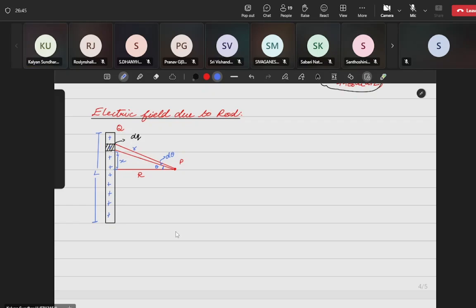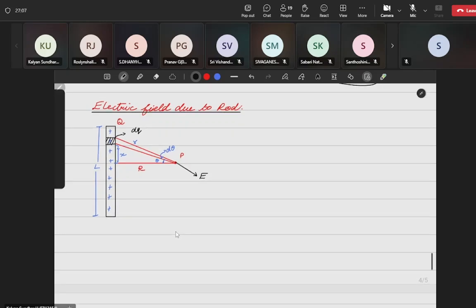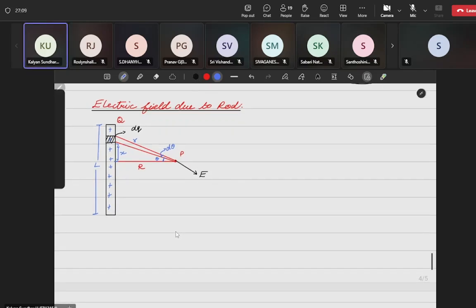Okay. Now you tell me, for positive charge the electric field is directed away, correct. So it will be like this. So this will be your electric field due to the dq element. Now what should I do with this element?